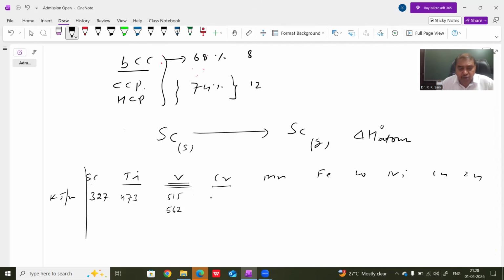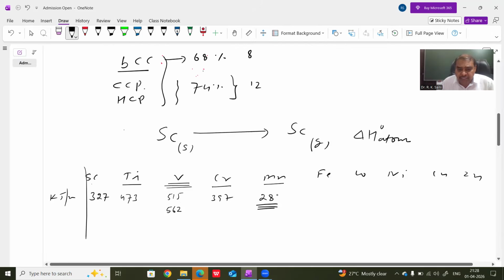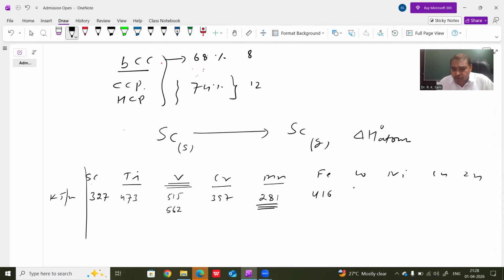In chromium, the atomization enthalpy is 397. In manganese, only 286 kilojoule per mole. In iron, 464. In cobalt, 425 kilojoule. Nickel, 436 kilojoule.